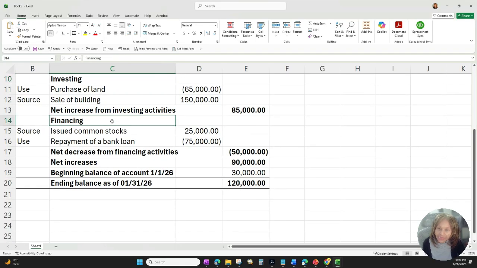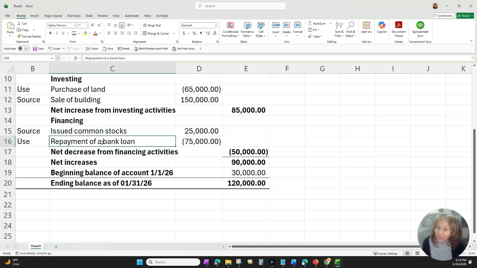And financing, lastly, is related to the owner's money, common stocks in this case because it's a corporation. If it's a sole proprietor business, then we will have here the money that the owner brought in from his personal savings account or from emptying his 401k to start the business or to help the business grow.